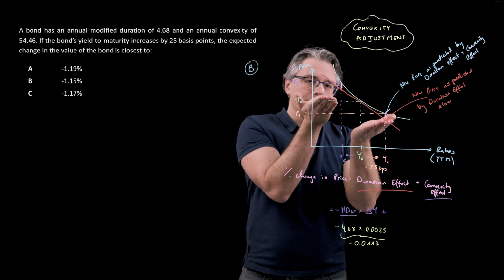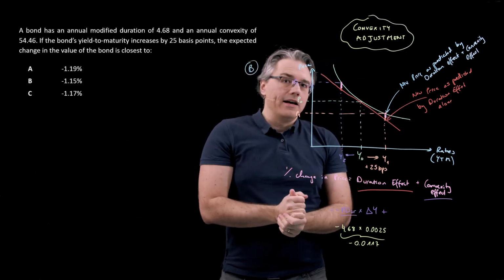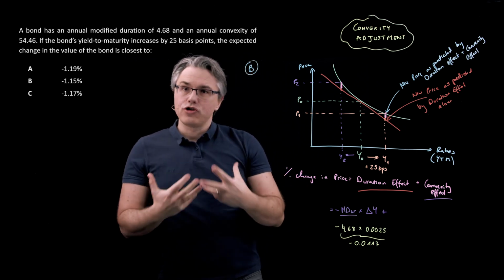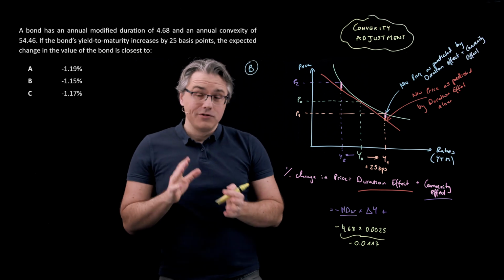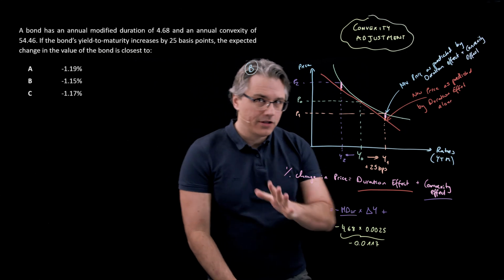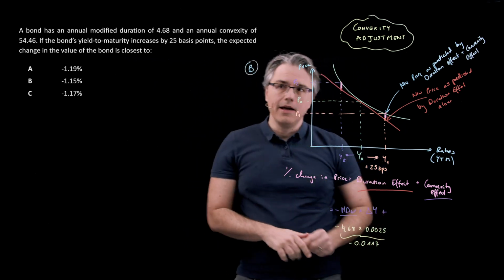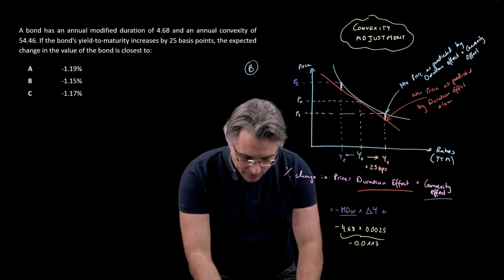So the convexity adjustment is always an upward adjustment in terms of predicted price or forecast change in bond value. Now, I do want to take this further. I do want to complete the question and do this properly, even though I know the answer should come in at 1.15, which was answer B, and tell you how to do this convexity adjustment.